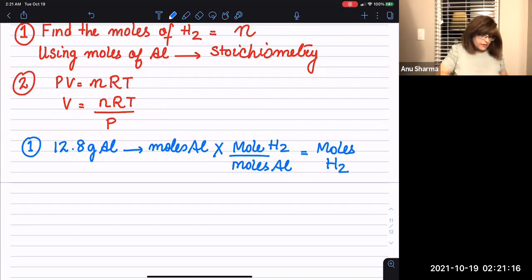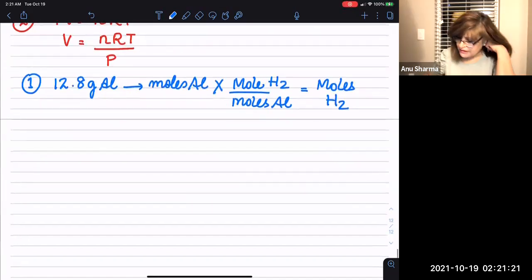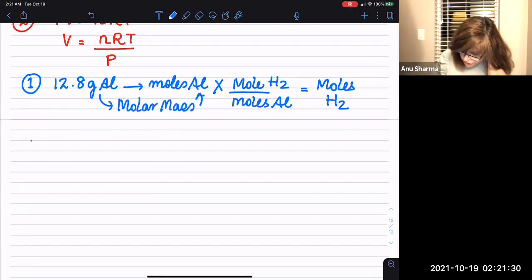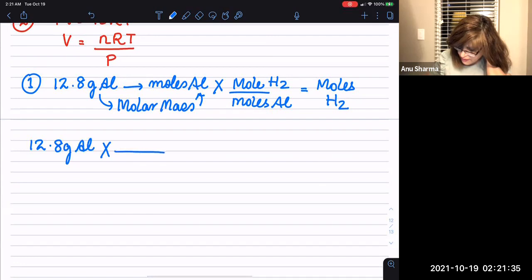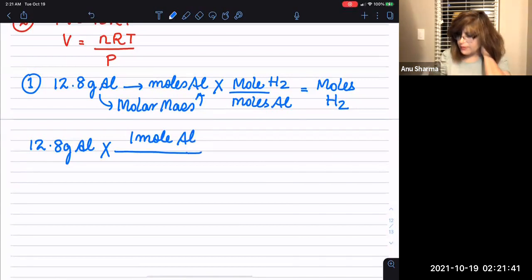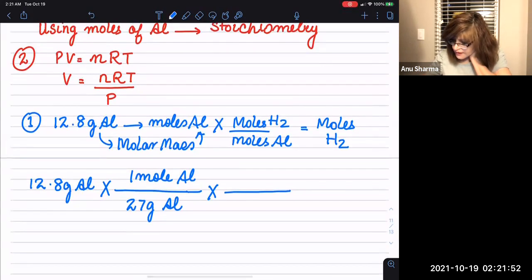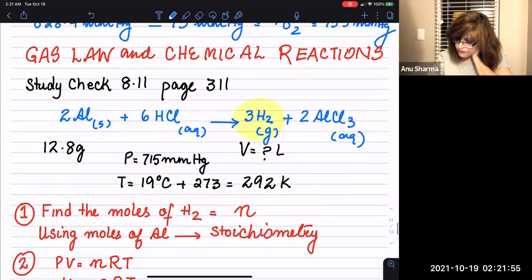Okay, so let's do this. The molar mass of aluminum is 26.98, so it's 27. So 12.8 grams of aluminum times 1 mole of aluminum over 27 grams of aluminum, times, now mole to mole relationship, the moles of hydrogen and the moles of aluminum.